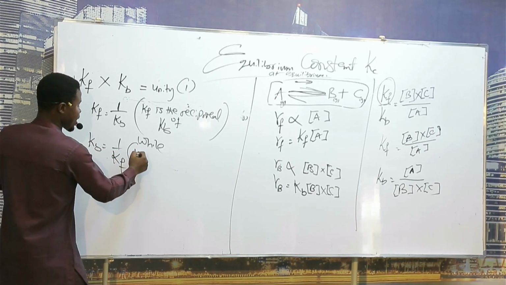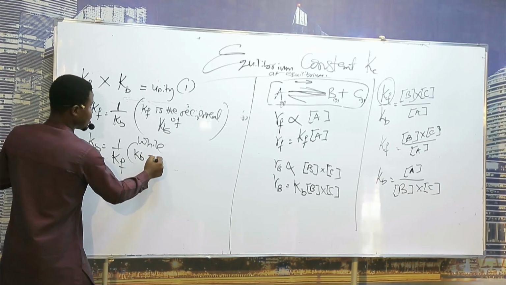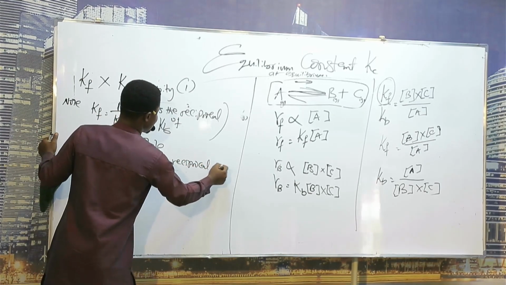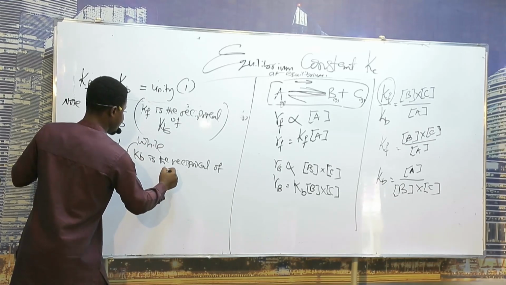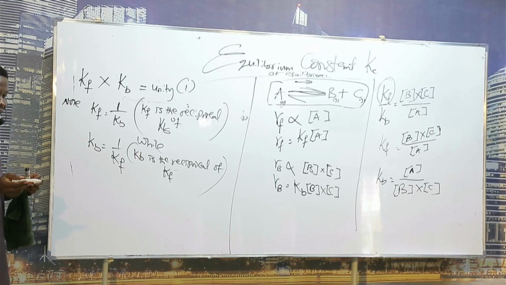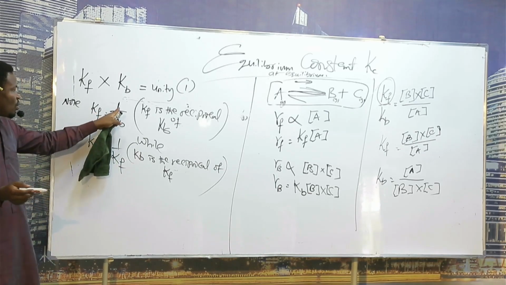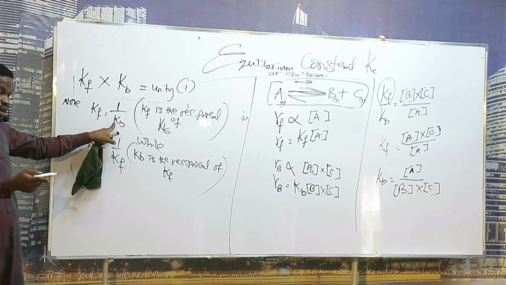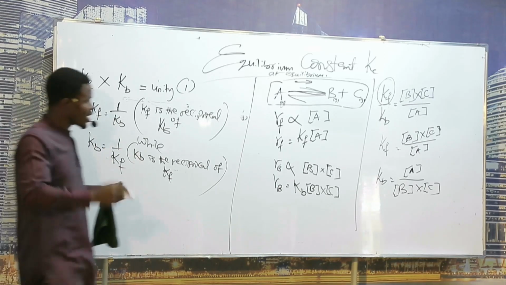While KB is the reciprocal of what? KF. KF is 1 over KB. 1, that's the reciprocal. Now check here.